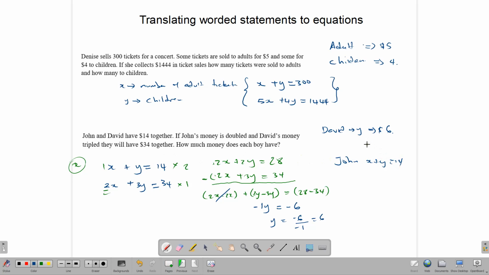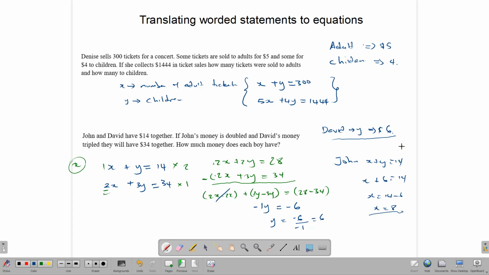We know the value of y. So x plus 6, since y is 6, is equal to 14. Therefore, x is equal to 14 take away 6, x is equal to 8. So we are being told now that David's money is $6 and John's money is $8.